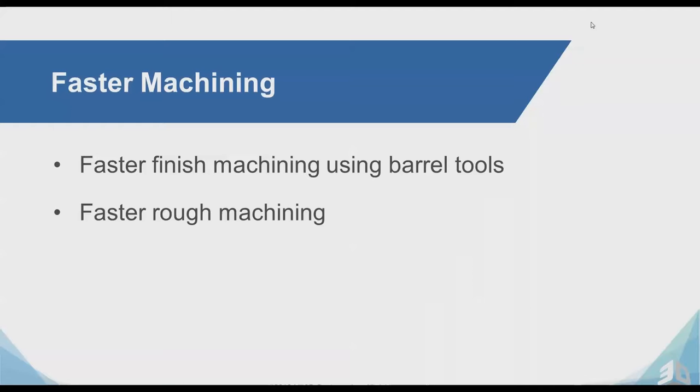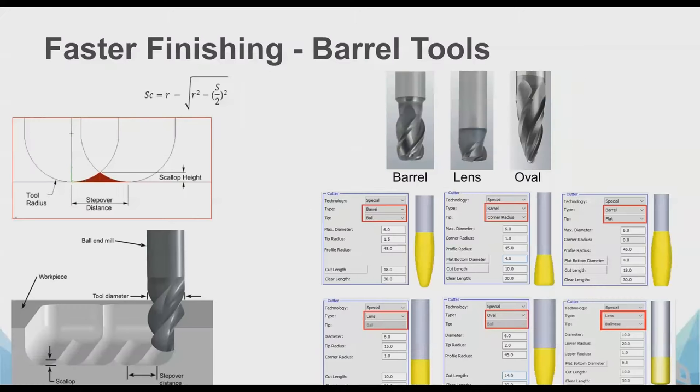Starting with faster machining, we will look at faster finishing using barrel tools and faster rough machining. We know that surface quality relies mostly on the scallop, and the scallop is a combination of the cutting tool radius and the step over, as we can see on the drawing on the left side of the screen.